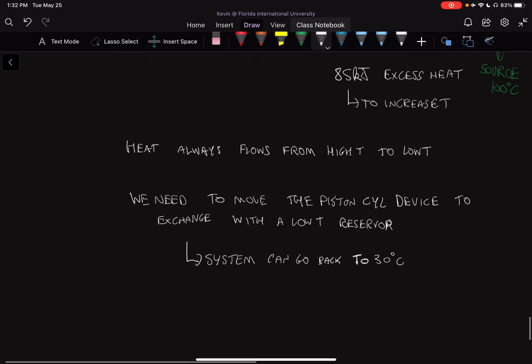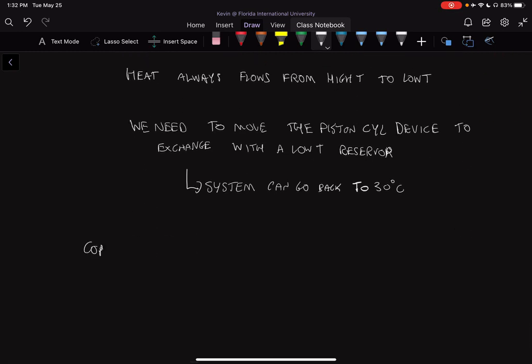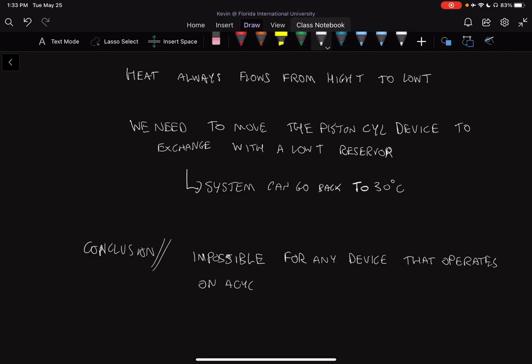So what we can conclude from this is we can say that it is impossible for any device that operates on a cycle, and this is important, that operates on a cycle, right?